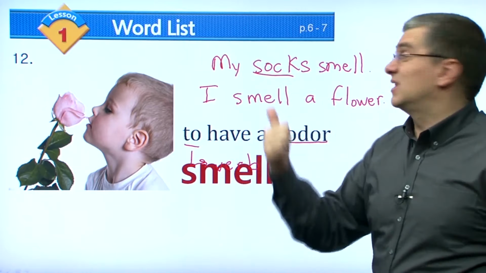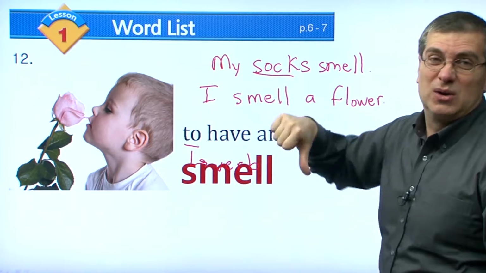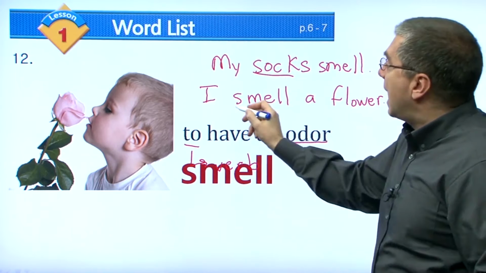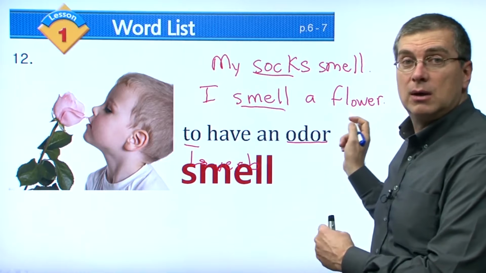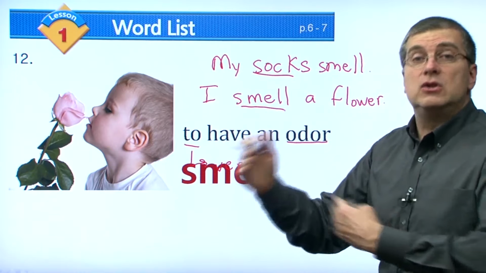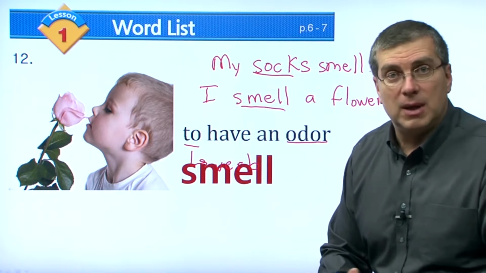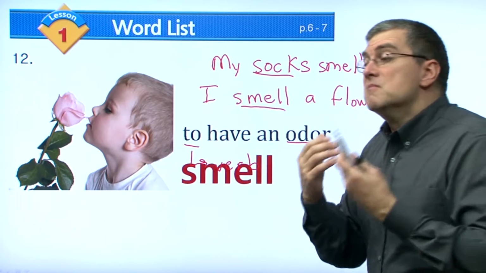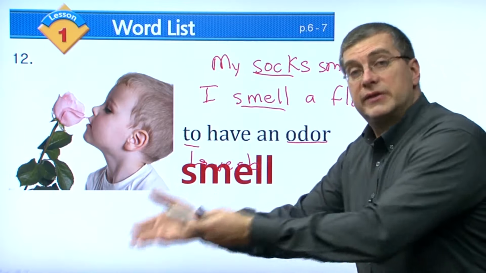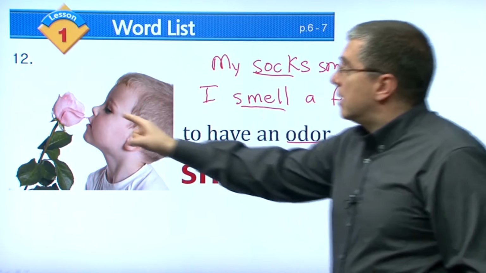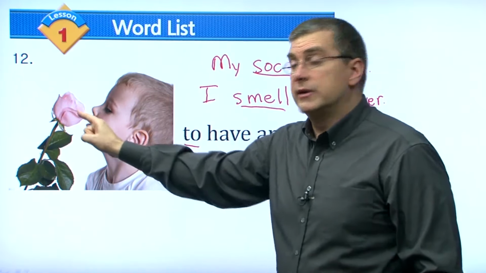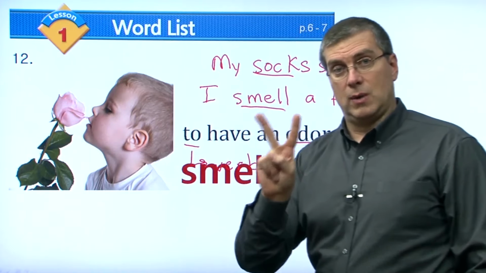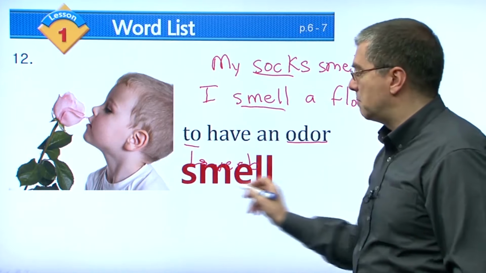Some good odors and some bad odors, right? My socks smell. Or I smell a flower. So there's two ways you can use this verb. Some things smell, or people or animals smell something. The flower smells. The boy smells the flower. Two ways, right? Okay, so smell.